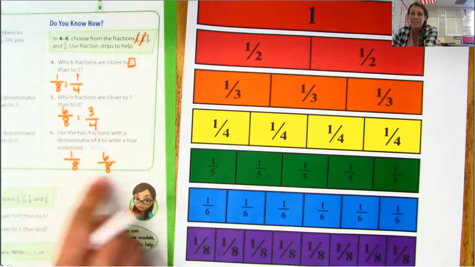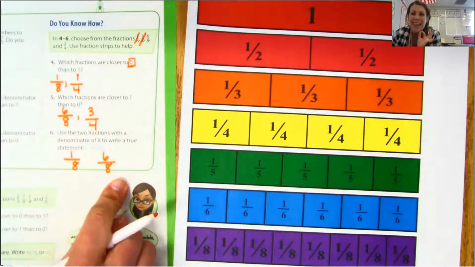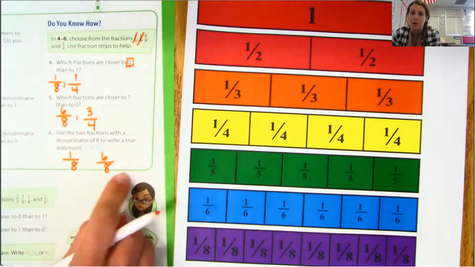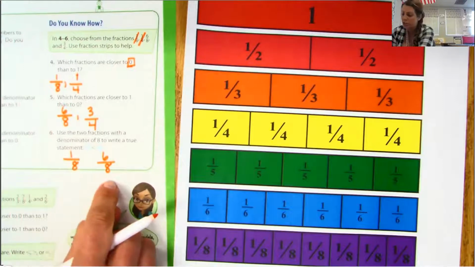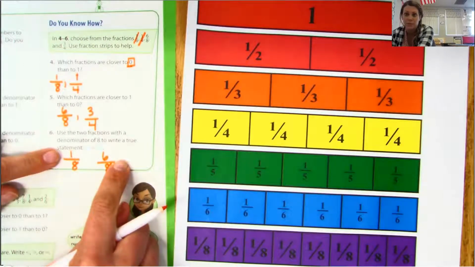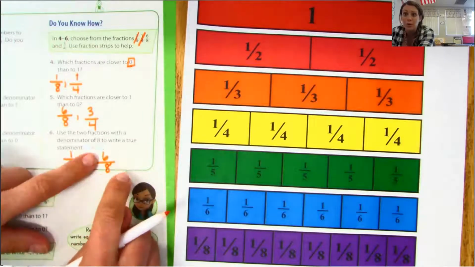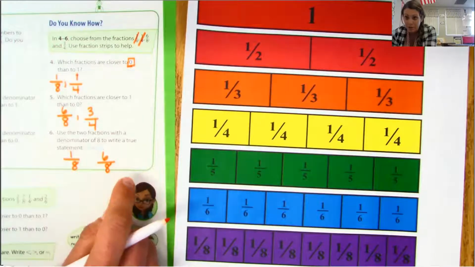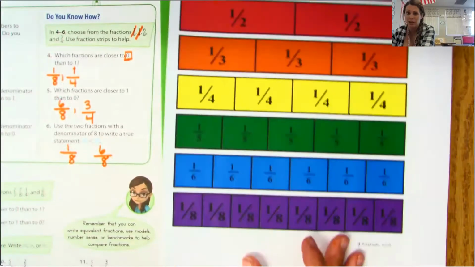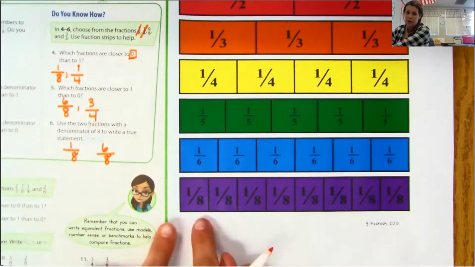The denominator is the same. So I love when the denominators are the same because it's not tricky. You just look at the numerator and the smaller numerator is the smaller fraction. The bigger numerator is the bigger fraction. And if we look here, we can figure that out. Here's 1/8.